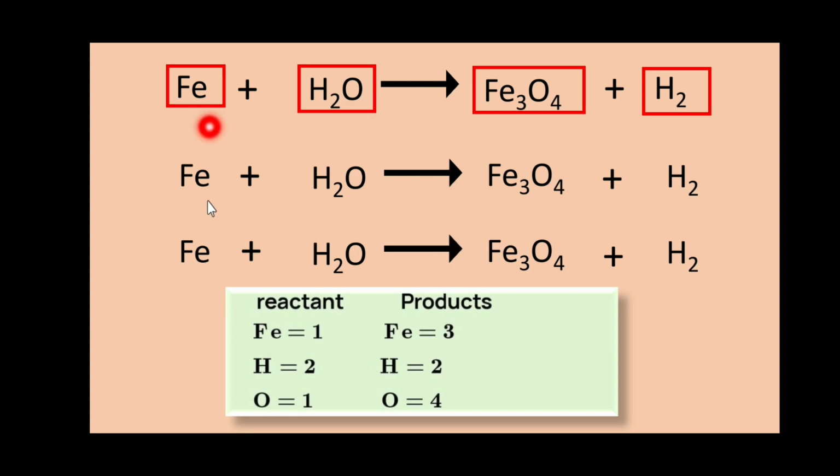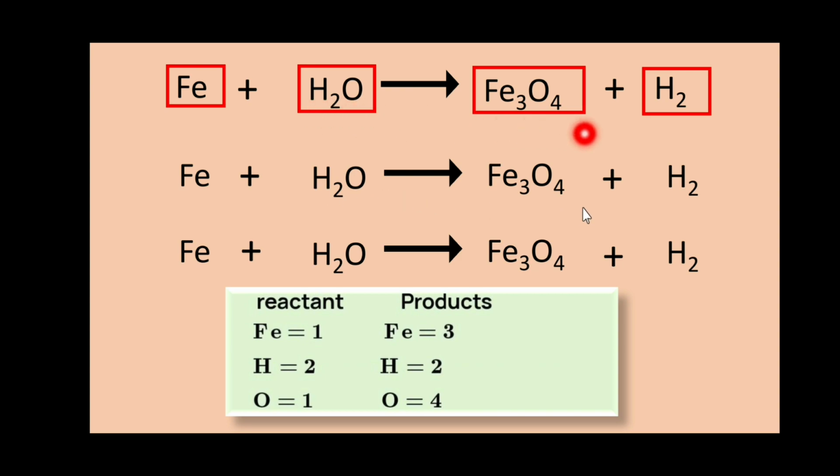Here in this equation, on the reactant side, only one atom of iron is there. On the product side, there are 3 atoms of iron. 1 atom of iron on the reactant side, 3 atoms of iron on the product side. Then consider the hydrogen. Hydrogen has 2 atoms on the reactant side.